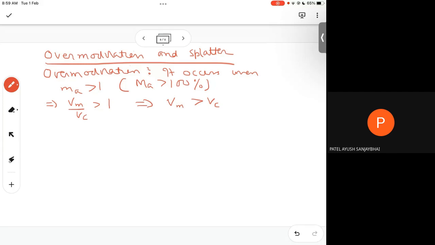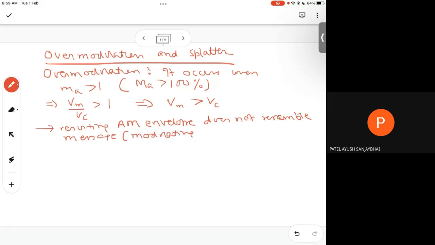And when you get overmodulation, it will give you an envelope which is not desirable. It will not give you the actual signal. So the resulting AM envelope, which we have understood just touches the peak points, maximum point, minimum point, and so on, does not resemble your message or modulating signal.